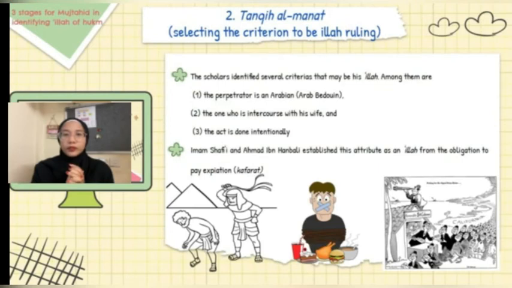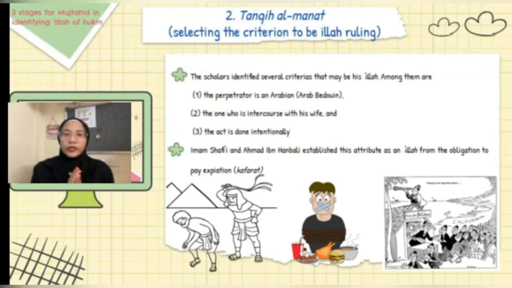Okay, for example, the method of determining the illah for kafarah from the case of an Arab who had intercourse with his wife during Ramadan. Rasulullah obligated him to pay kafarah in the form of freeing a slave, or then fasting two consecutive months if he is not able to free a slave.